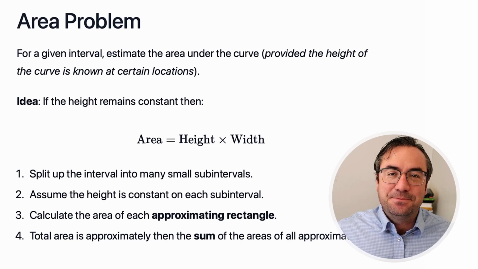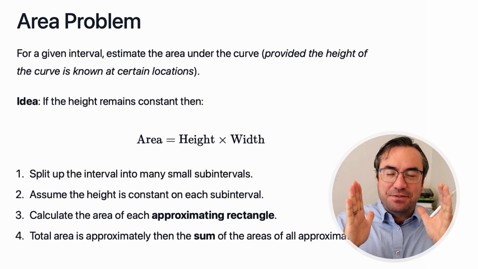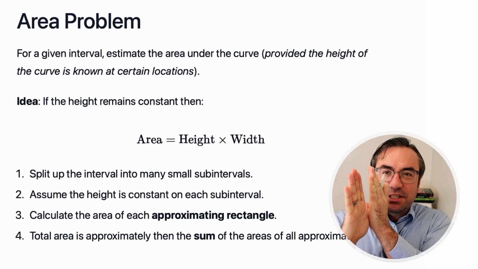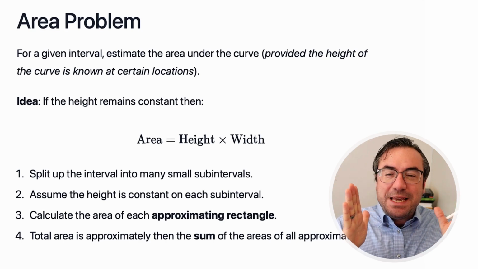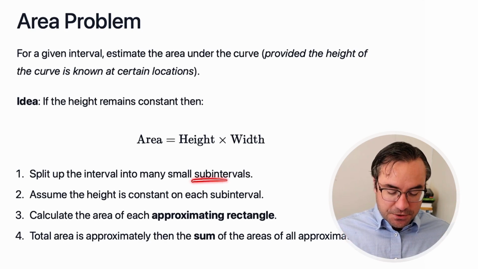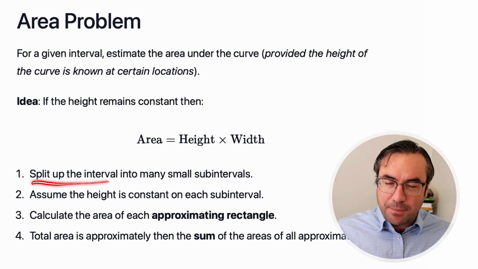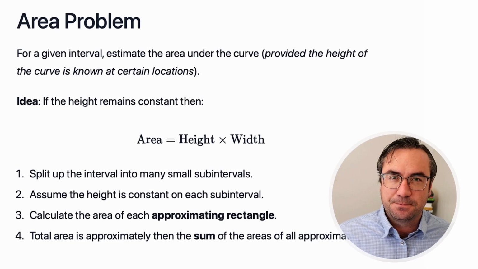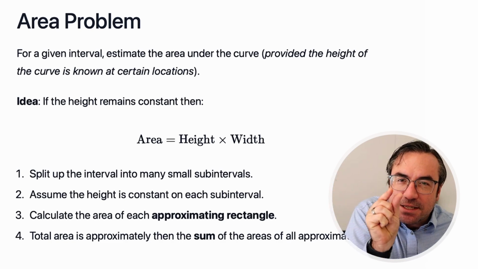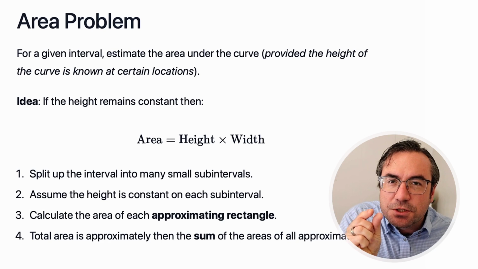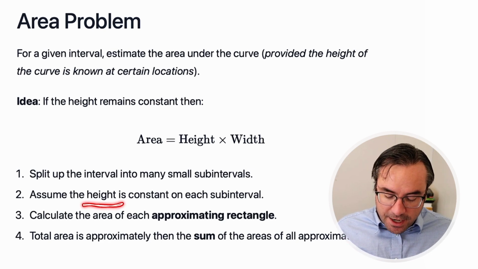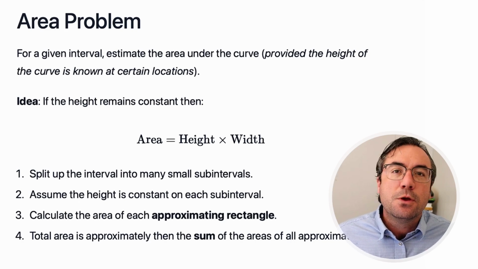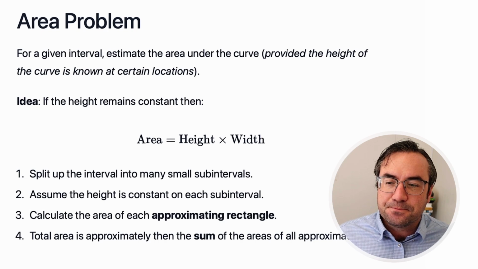So the idea is we're going to take our interval from the x-axis and slice it up into a whole bunch of little pieces, which we call subintervals. Because these subintervals are so small, the height of our curve over each of them we can assume to be constant.